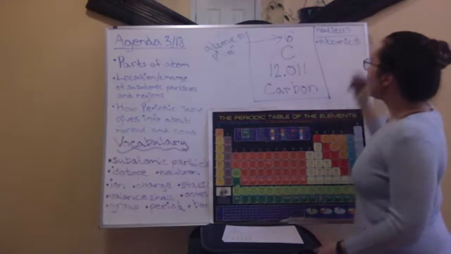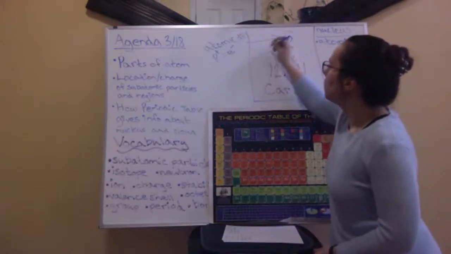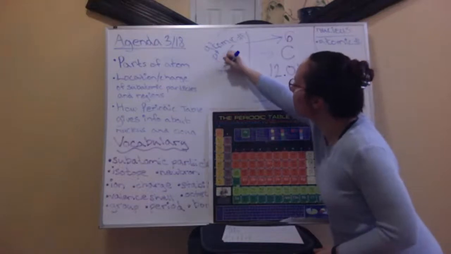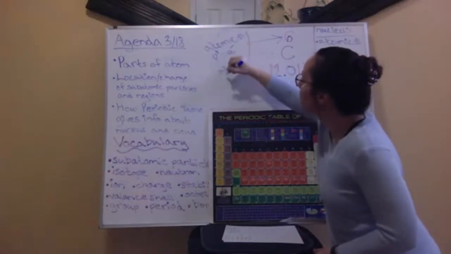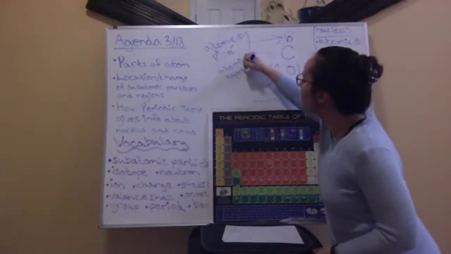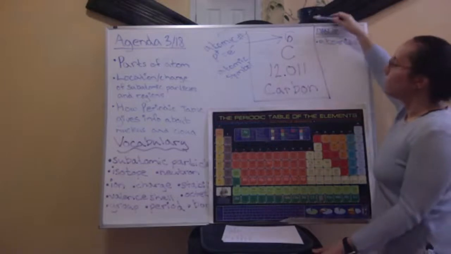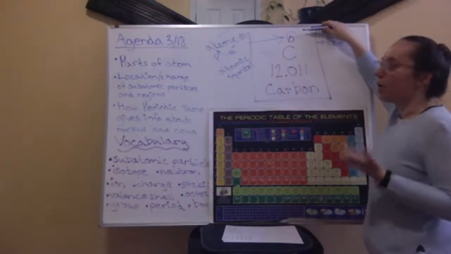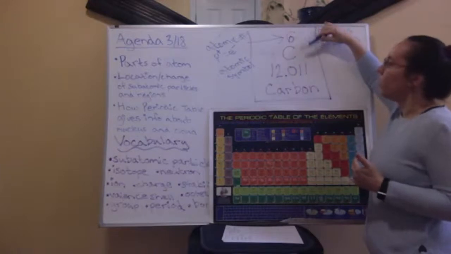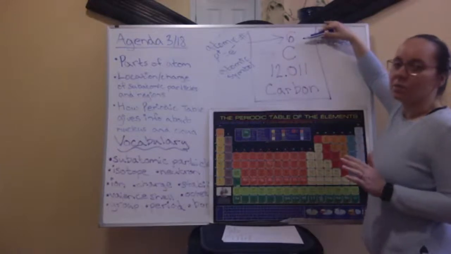Okay, so the next thing that also gives you information about the nucleus is your atomic symbol. So keep in mind that your atomic number tells you how many protons you have, but the number of protons tells you what element you have. So both of these things, the atomic symbol and the atomic number, tell you the exact same information, okay?